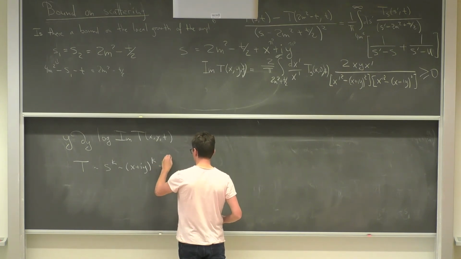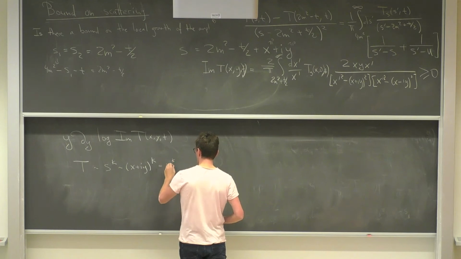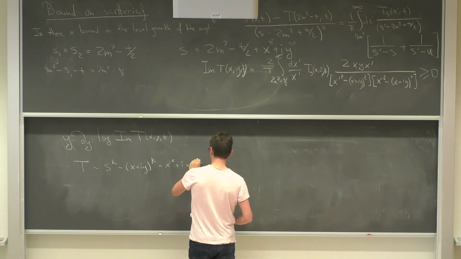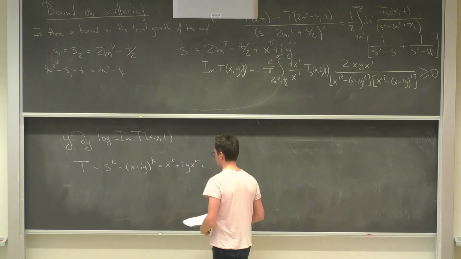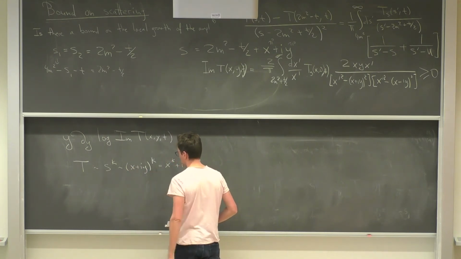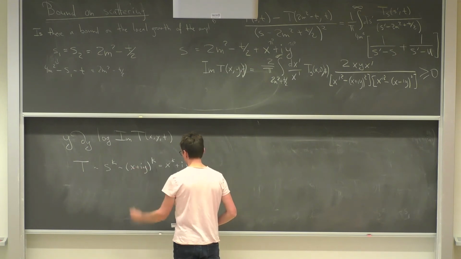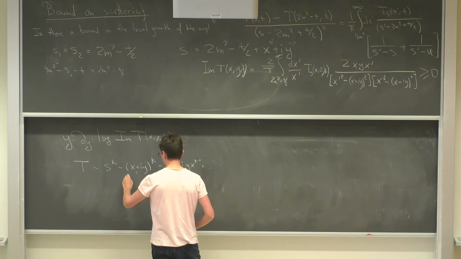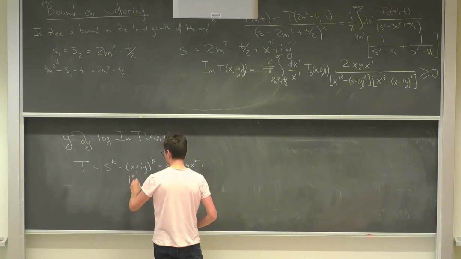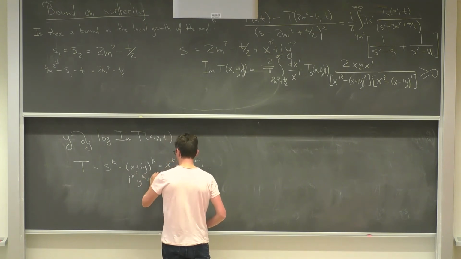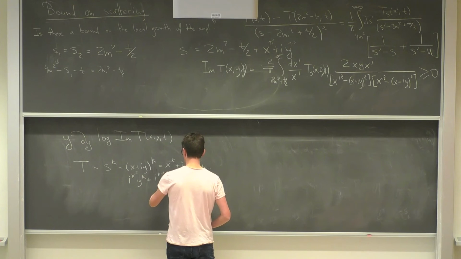So we have x to the k plus i y x^(k-1) and so on. This is if y is small, and if y is much bigger than x, then we literally have that this behaves as i to the k and y to the k plus ik minus 1.